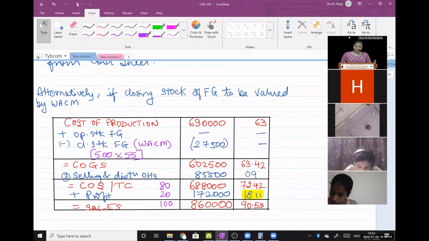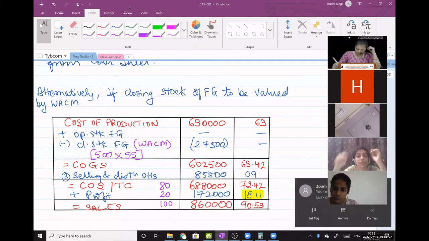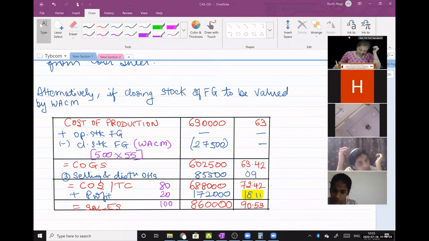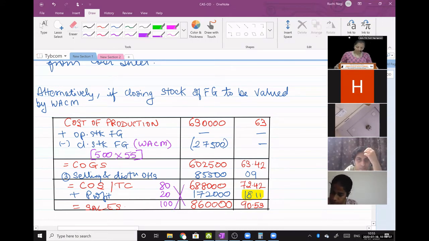And then use the same thing. 80, 20, 100 ratio, cross multiply, you will get the answer. Okay. Fine.